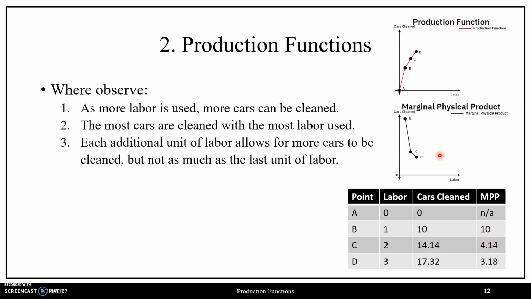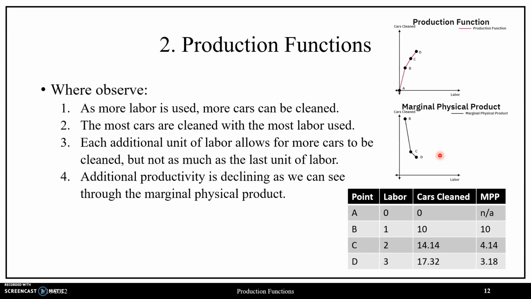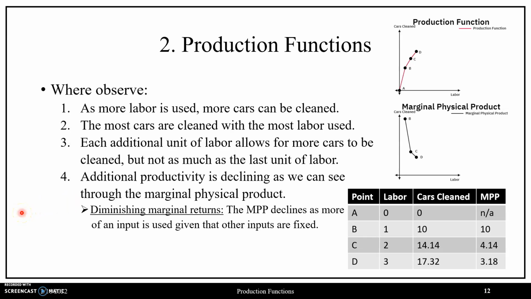And the rationale for this is due to our law of diminishing marginal returns. That is, the marginal physical product declines as more of an input is being used, given that our other inputs are fixed, where in this case it's going to be the capital in terms of our fixed equipment and the space that it's being used.